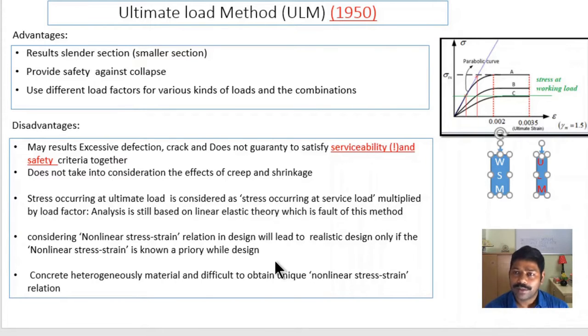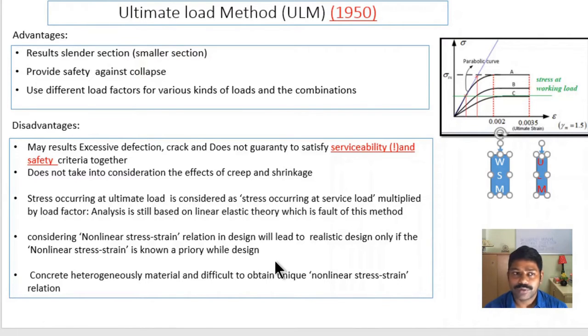In the working strain method there are different combinations, but those were only combinations of the load. There is no load factor there. Here we are introducing a load factor, and different load factors for different kinds of load and different combinations of load. So these are the advantages we have in the ultimate load method.